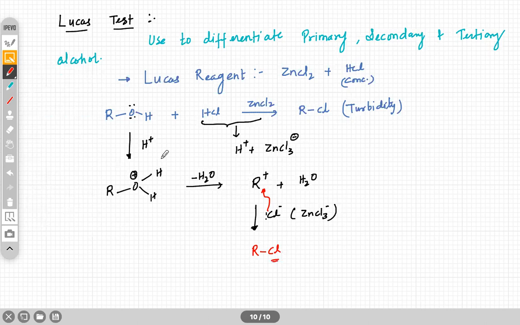Okay, so now here, what is Sn1? Because it is an Sn1 reaction, I told you. This step is the formation of carbocation. This is the slowest step.